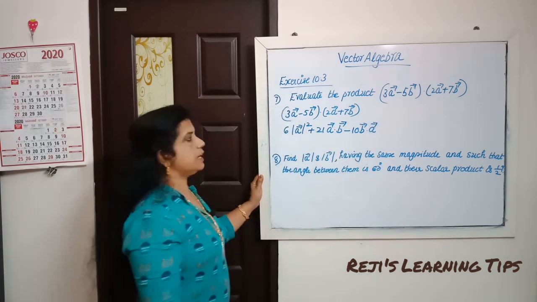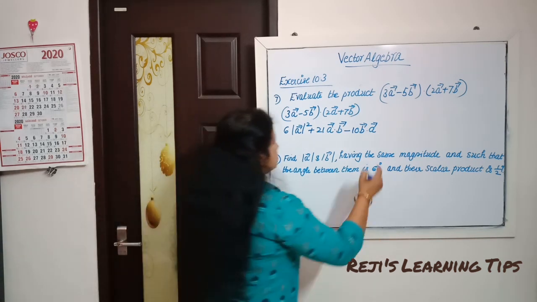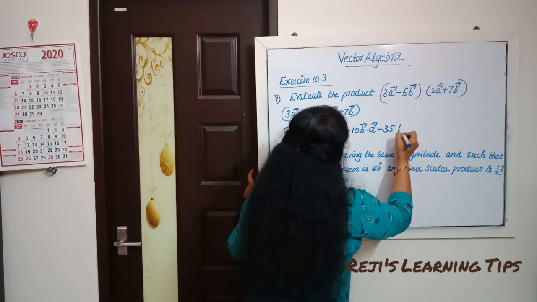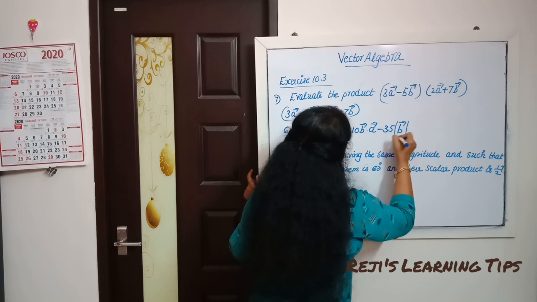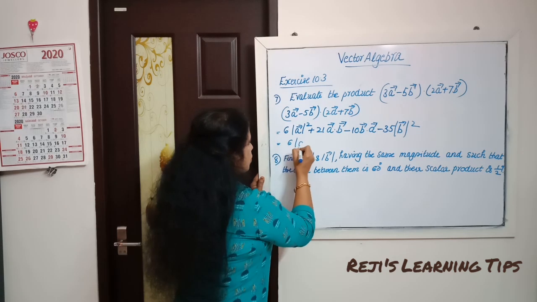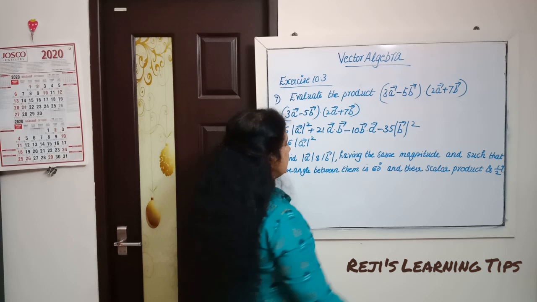Then minus 5B dot 7B, perfect, minus 35 B dot B, which is modulus of B square. So that is equal to 6 modulus of A square plus 21 A dot B minus 10 B dot A minus 35 modulus of B square.